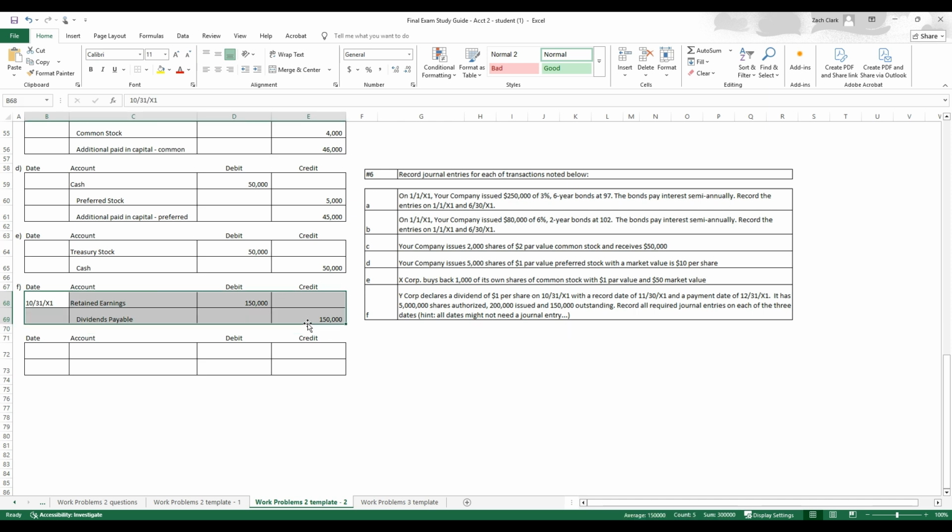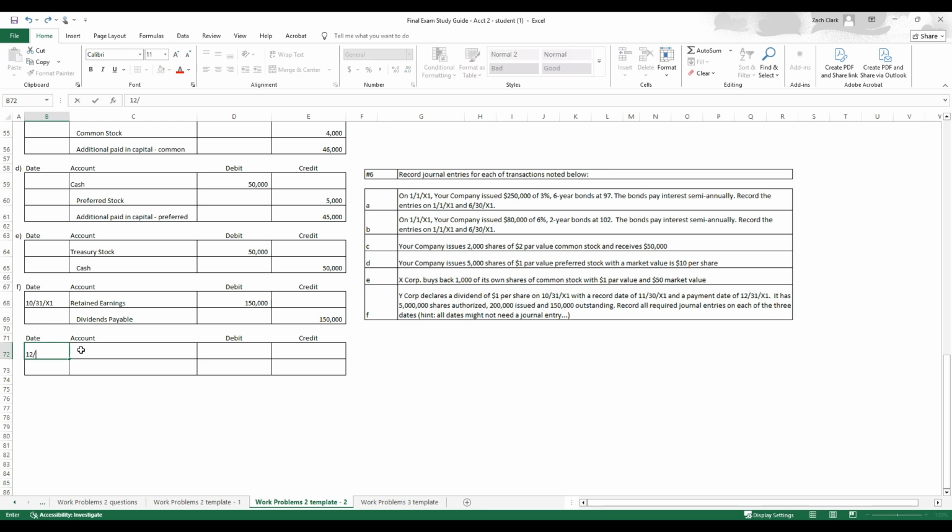Think about the retained earnings statement. That's one place you see a similar deal, with retained earnings being reduced by dividends. So it might be helpful to think of that. The hint says all dates might not need a journal entry, and the clue is the record date, because the record date is just when we go to the records and see who needs a payment, but there's no journal entry needed there.